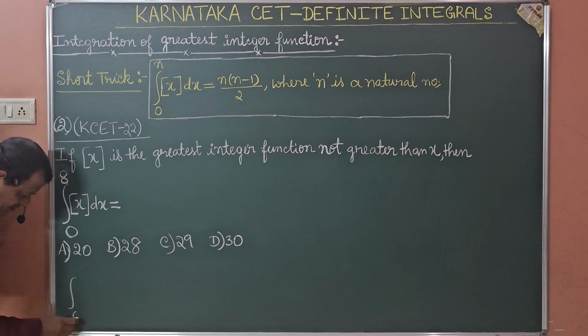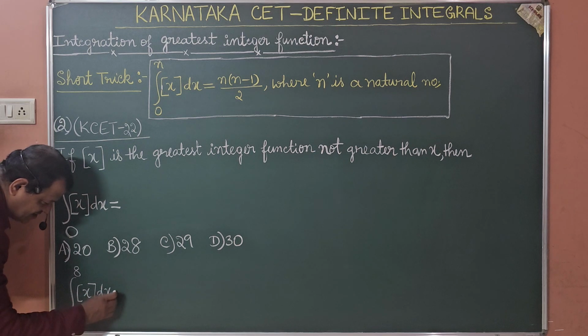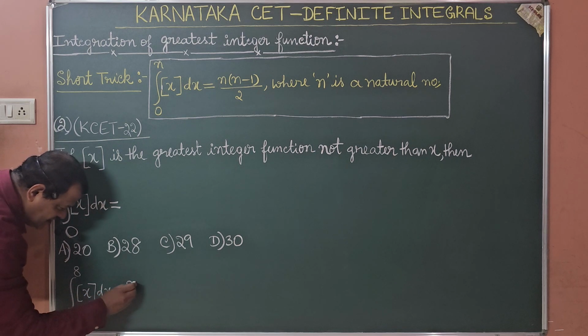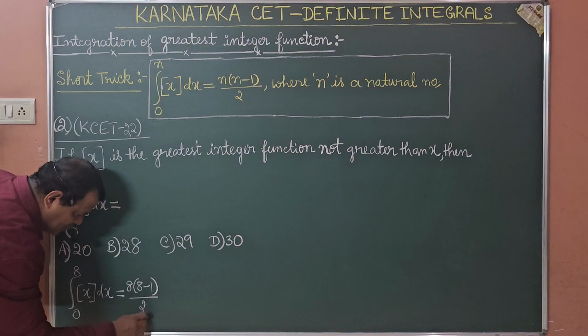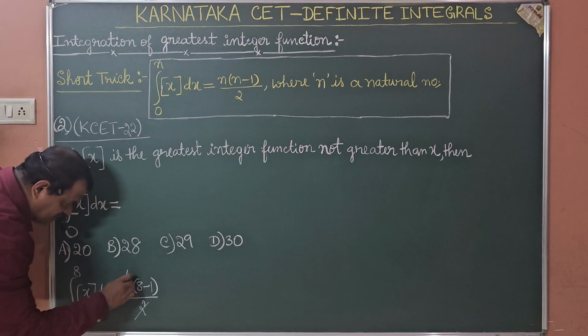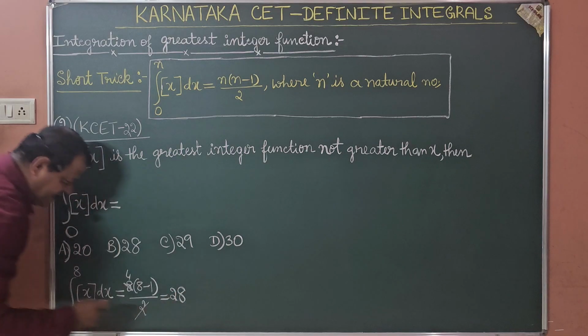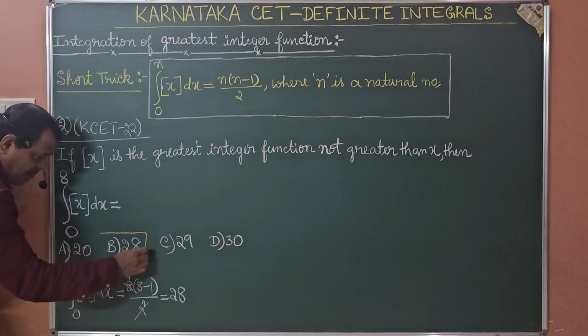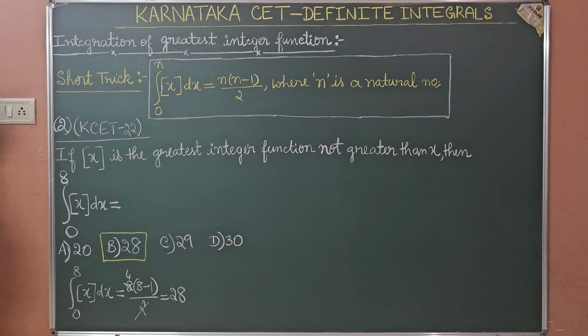Now, let me solve the integration from 0 to 8 of the greatest integer function of x dx. So n is 8 here, 8 into 8 minus 1 by 2. 2 goes here 4 times, 4 into 7, so 28. Therefore, for this question, option B is correct. Now, kindly check your answer.